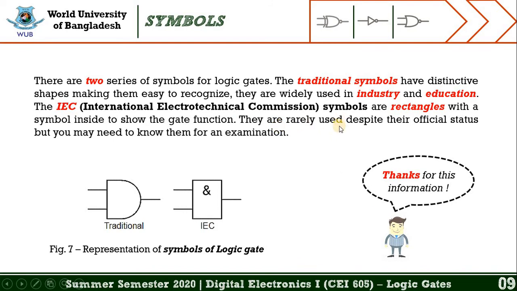IEC stands for International Electrotechnical Commission. They are rarely used despite their official status, but you may need to know them for an examination. In figure 7, two types of symbols are placed for logic gates: one is traditional and the other is the IEC symbol.